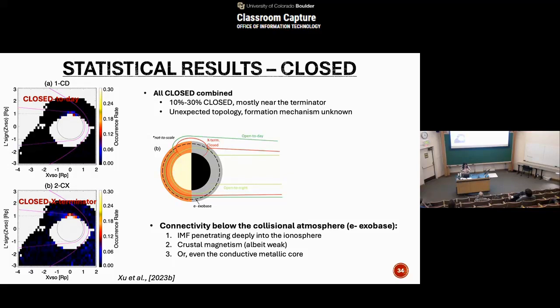It actually has an occurrence of roughly 10 to 20% near the terminator. So it's a really great puzzle why we see this kind of configuration at Venus. And then more importantly, what happens below the exobase? From the electron data, we can only tell the connectivity.